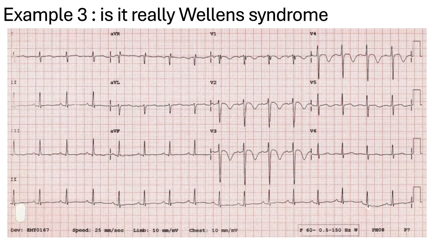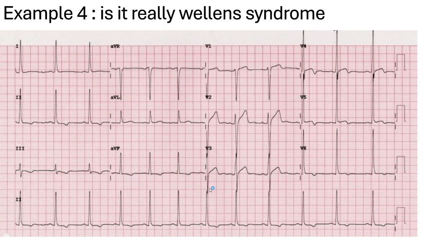If you notice from V5 to V6, the R wave progression is reversed. And we have also in lead 3 slightly negative T waves. Usually all of these signs are specific for pulmonary embolism. So this one is not actually Wellens syndrome, but a pulmonary embolism example.